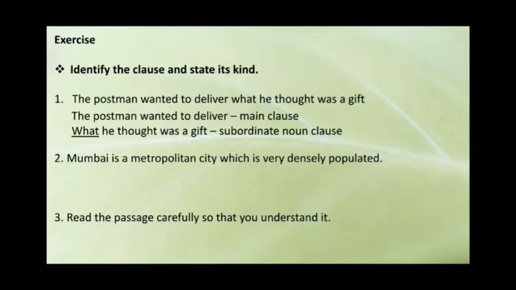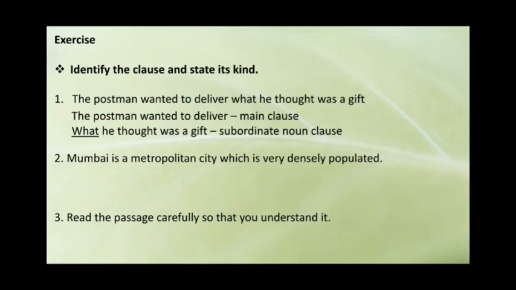So this becomes the noun clause, that is, a subordinate noun clause. And how did you find it? You found it by reading and understanding the sentence. You saw that in the main clause, to deliver is present, that is the infinitive. And in the subordinate clause, you saw there is the object of the infinitive. So that is why this becomes the noun clause.